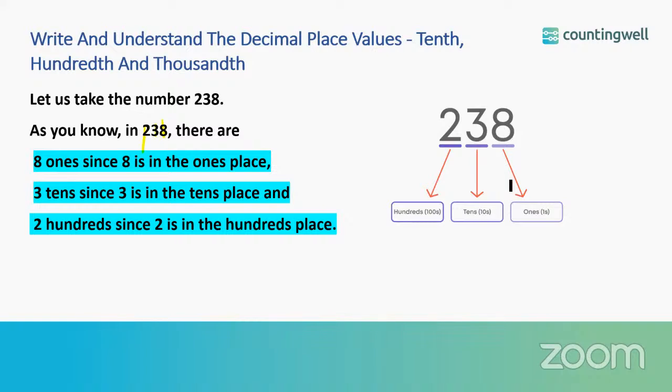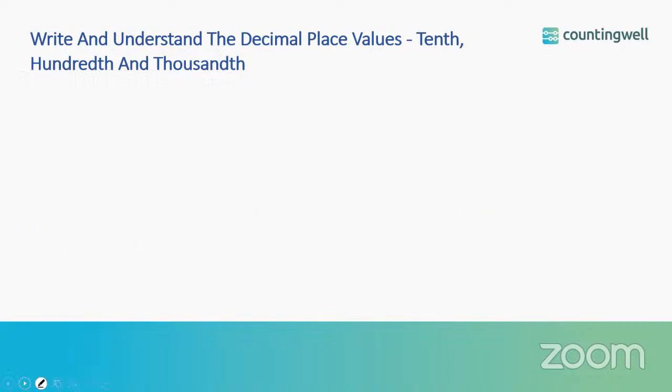The place is getting 10 times larger, because here you can see it's in the ones place, then the tens place means 10 times greater than 8. So the place value of 3 is 30. Here we have 8 and here we have 200. You can see 200 plus 30 plus 8 is 238.